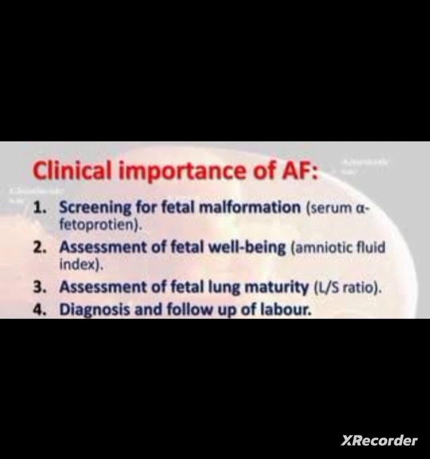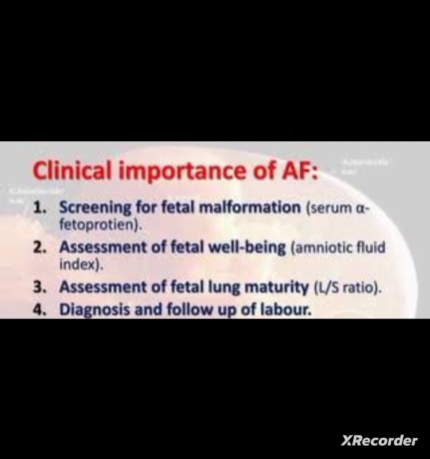Then assessment of fetal well-being using the amniotic fluid index, to assess excess or low amniotic fluid. If the amniotic fluid index is greater than 25 centimeters, the fluid volume exceeds 2000 ml, which indicates polyhydramnios.